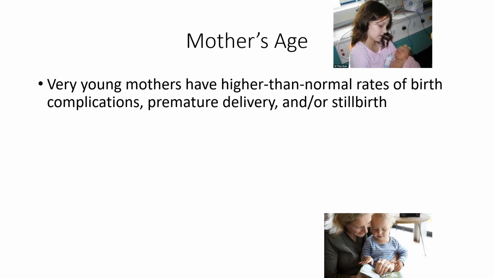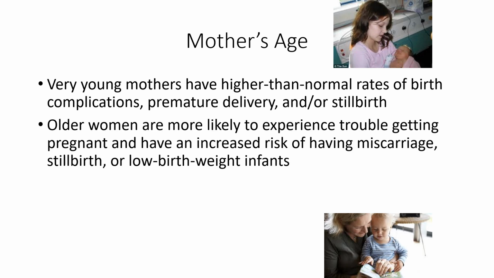Their bodies aren't ready for it, first of all, and second, a lot of them don't go to the doctor like they should because maybe they don't have the resources to be able to. As far as older women, they're more likely to experience trouble getting pregnant, and they do have increased risks of miscarriages, stillbirth, and low birth weight infants, basically because of the way their bodies are, and they don't have enough of things like estrogen.